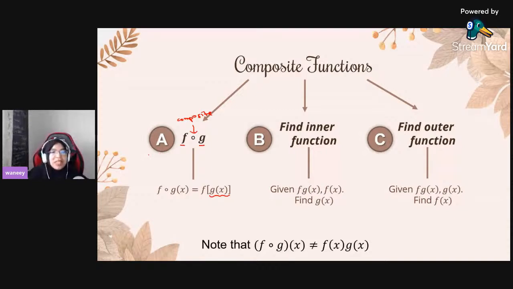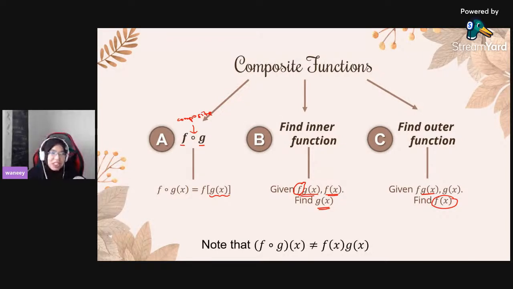Very straightforward. The second one, they give you the composite function fgx, and they give you one of the functions which is fx. So they give you this value over here, and they want you to find out what is gx. In this case, I call them the inner function. They give you the outer function and they want you to find out the inner function. And then the third case is they give you the composite function fgx and they give you the inner function, but they want you to find out the outer function.